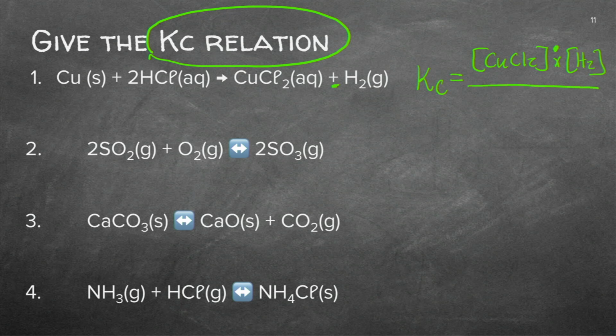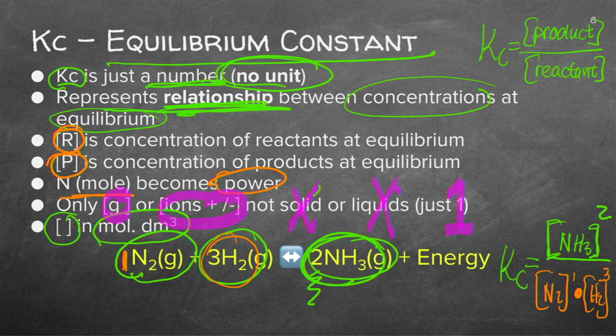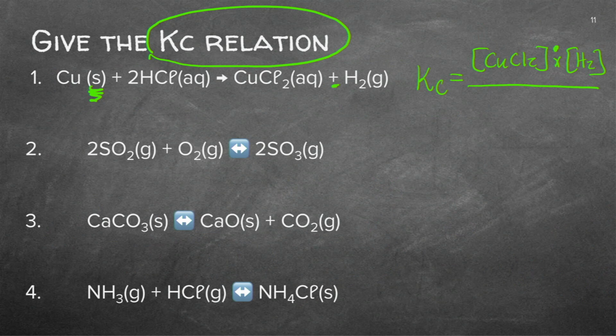At the bottom, I've got a solid. Do you remember what we said when we did the rules? You don't write down a solid, you put a 1. So let's go back. The solid there will be a 1, and you don't have to put it down, but you'll see in some cases you have to. Here I've got HCl, and I've got 2 moles, so it's the power of 2.